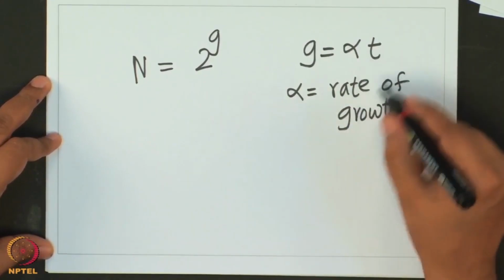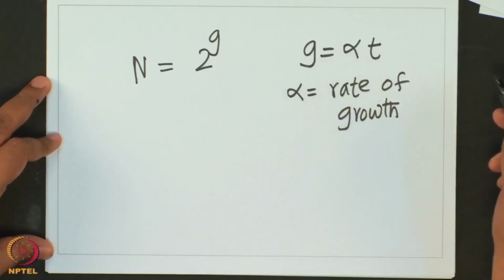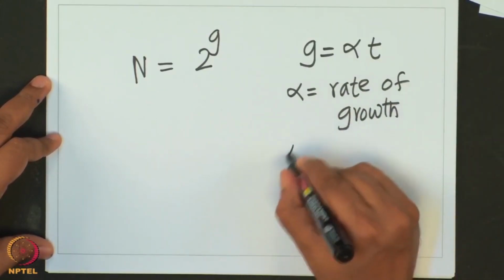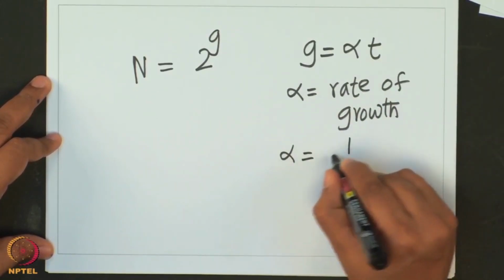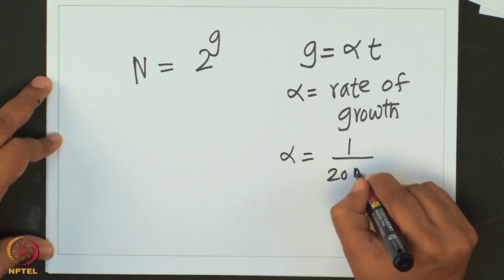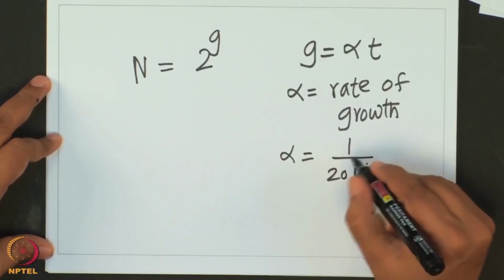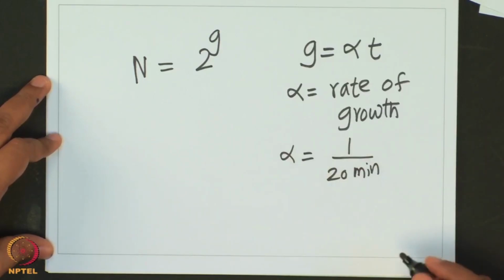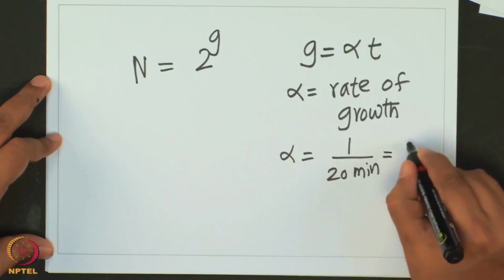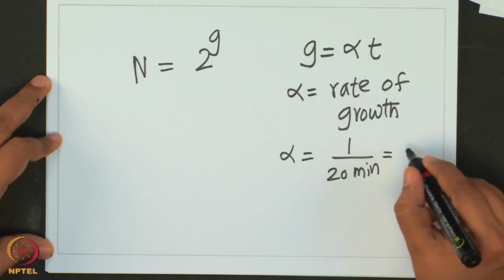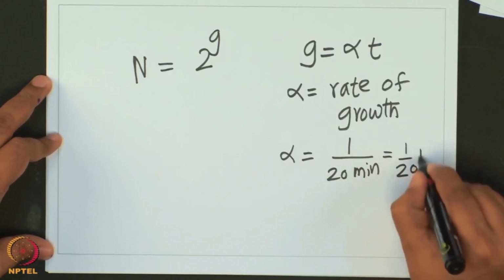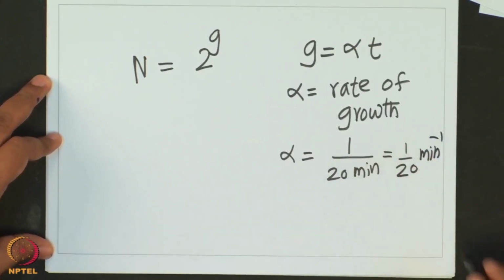So let us say alpha is equal to 1 over 20 minutes, that is 1 per 20 minutes.